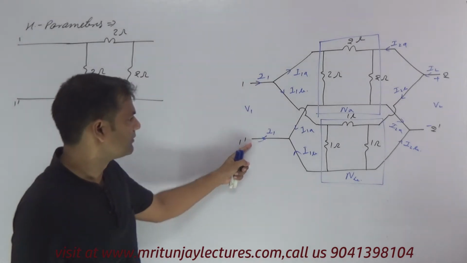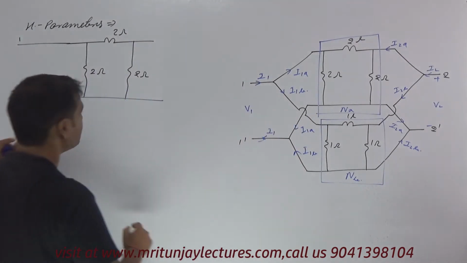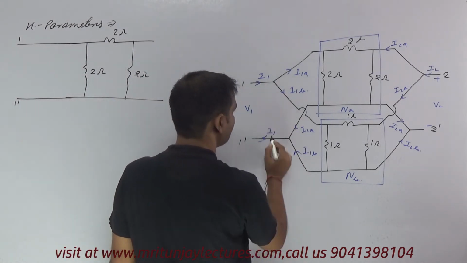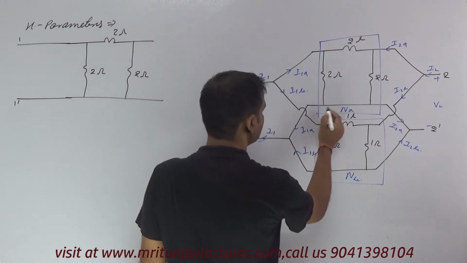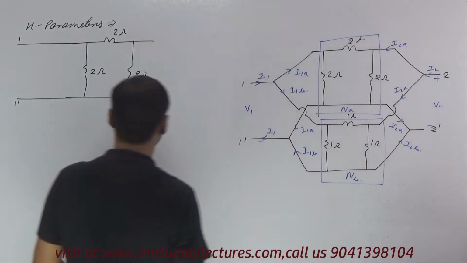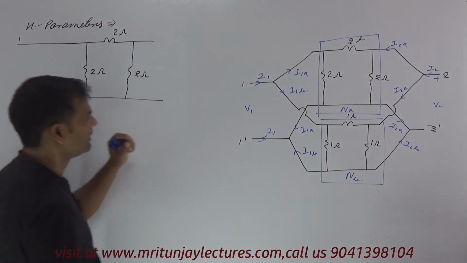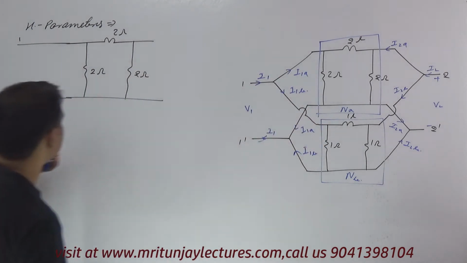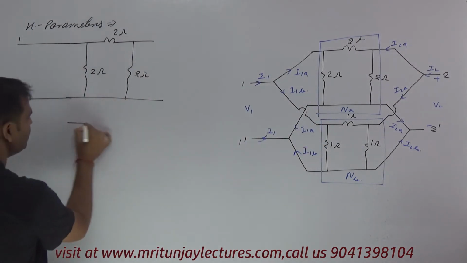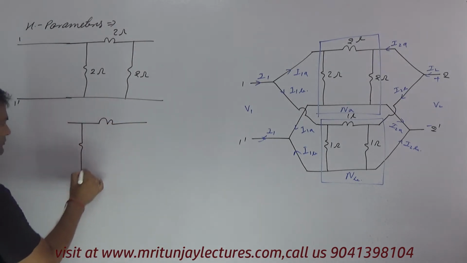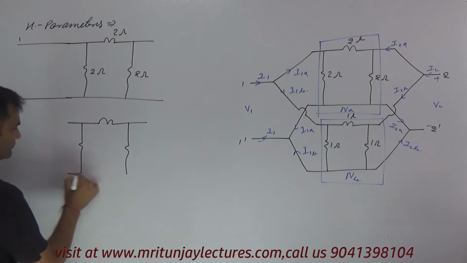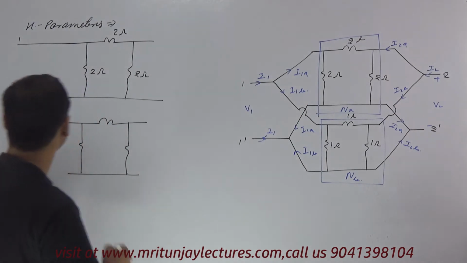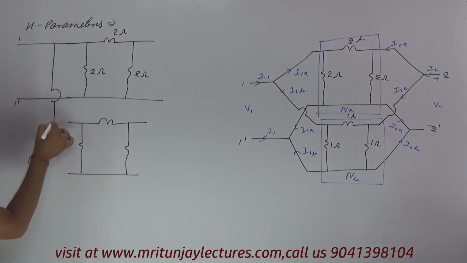Clear? Now first of all, 1 dash is corresponding to 1, and 1 dash is connected to NA, so make it like this one. This one is connected to this one, so clear.